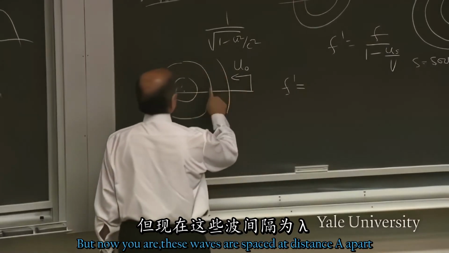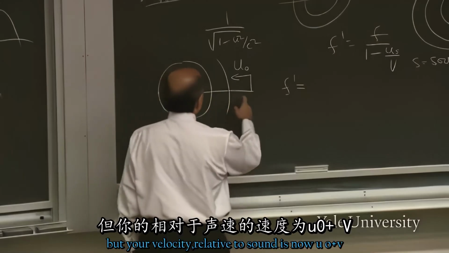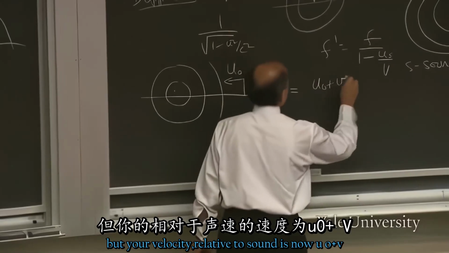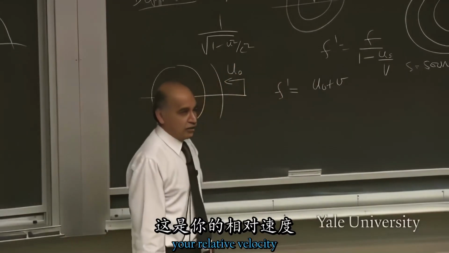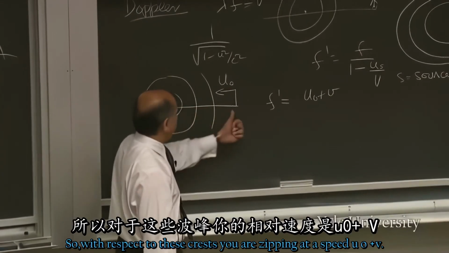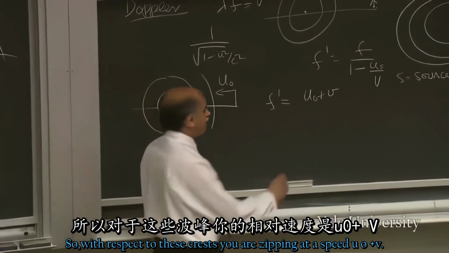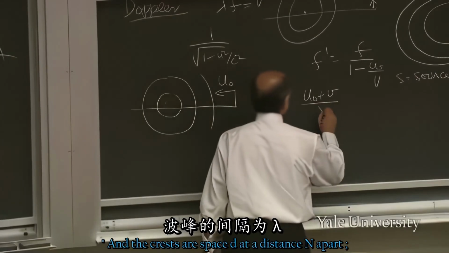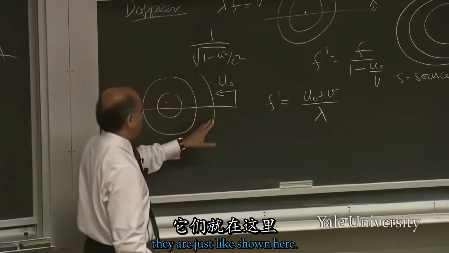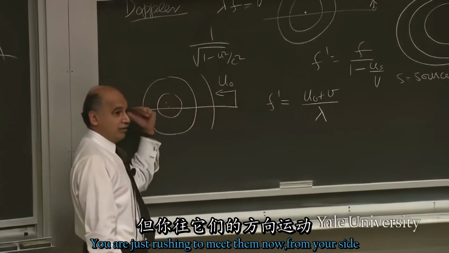these waves are spaced a distance lambda apart, but your velocity relative to sound is now u0 plus v. Your relative velocity. Sound is moving to the right, you're moving to the left. So with respect to these crests, you're zipping at a speed u0 plus v, and the crests are spaced a distance lambda apart. There's nothing wrong with the spacing between them. They're just like shown here. You're just rushing to meet them now from your side.